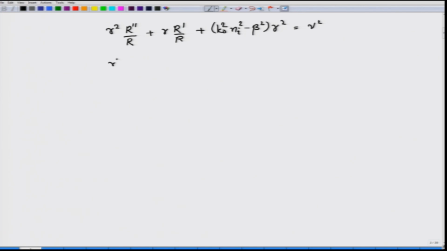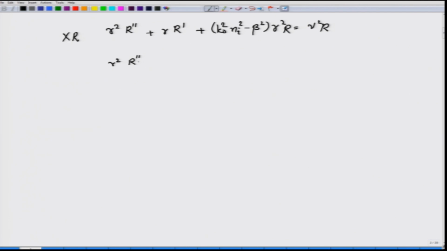I will also multiply the entire equation by r, so that this r which is in the denominator can be removed and moved to the numerator here. So, I can write this as r and write this as r. Please ensure that you understand the manipulation that I am doing.